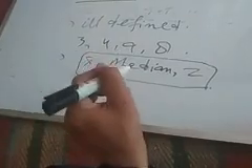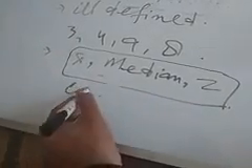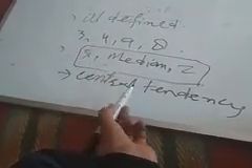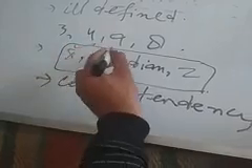In the same way, the theme or essence of the data is known as central tendency. It is the value which represents the whole complex data, and it can be found by mean, median, and mode.